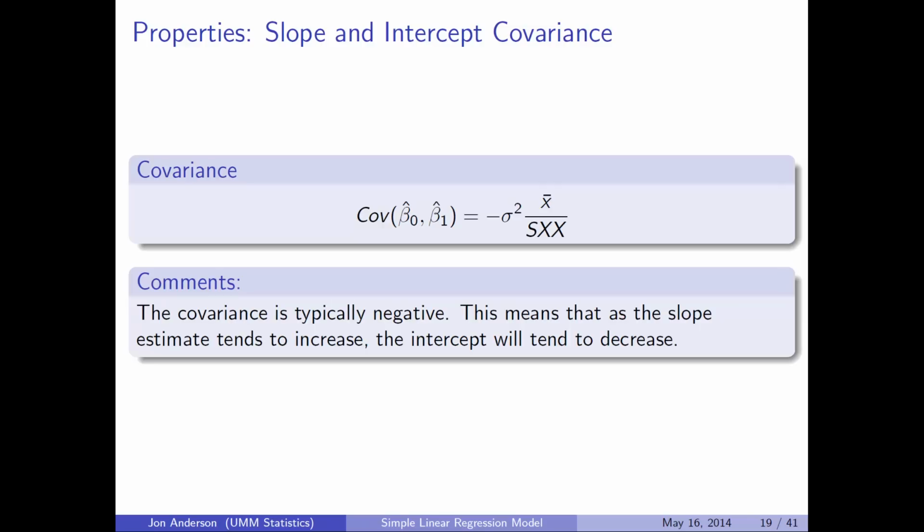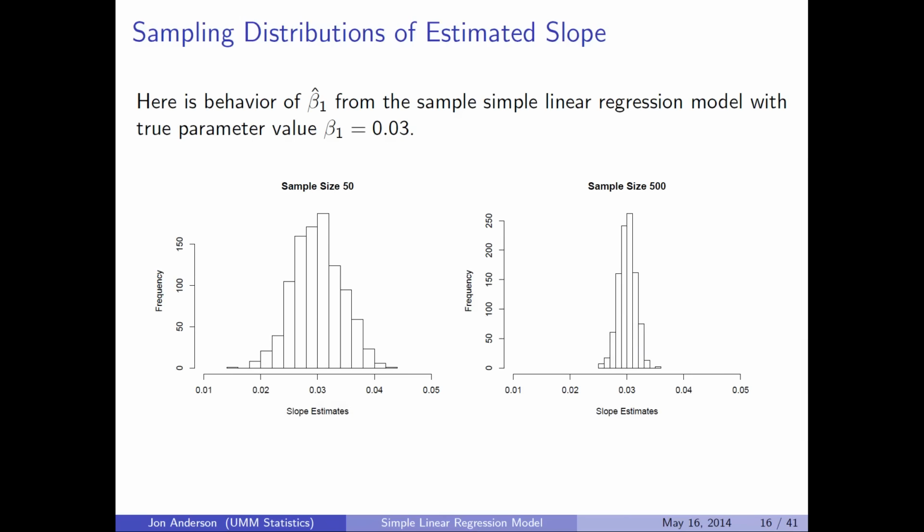The important thing about this overhead is that there is a negative sign: -1 times a positive number times x bar times another positive value, SXX. What this suggests is that when the slope estimate is bigger, the intercept estimate tends to be smaller, a negative covariance or a negative correlation.